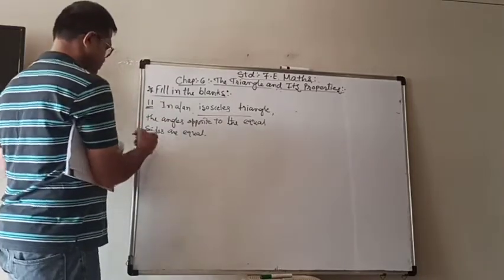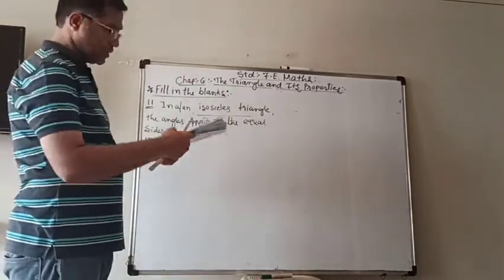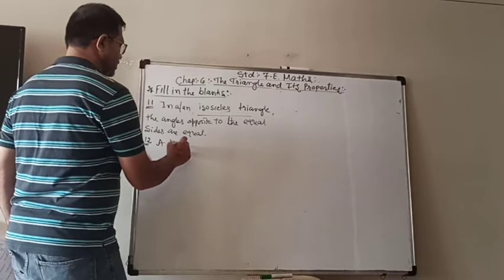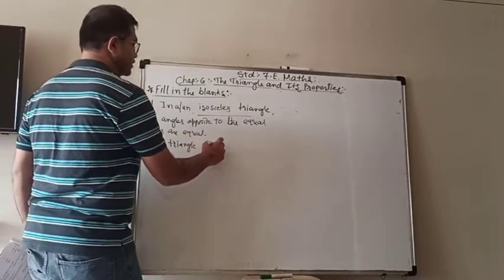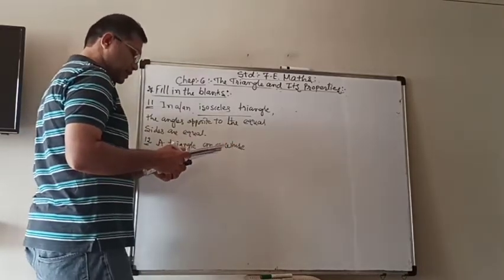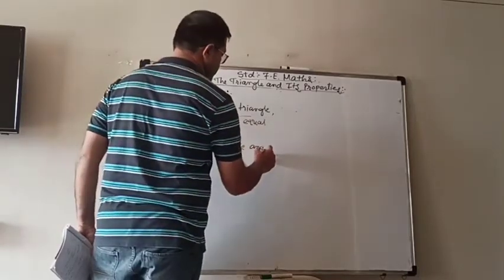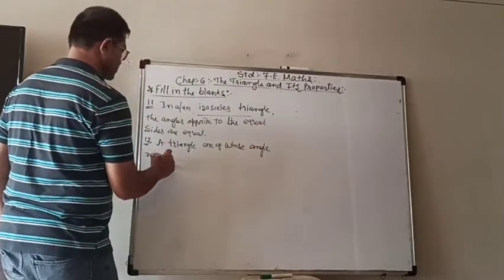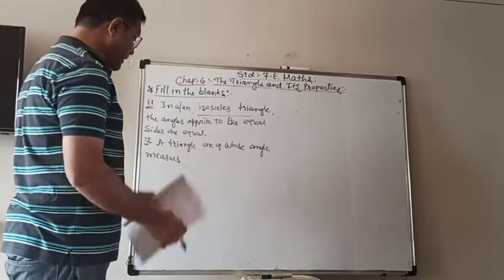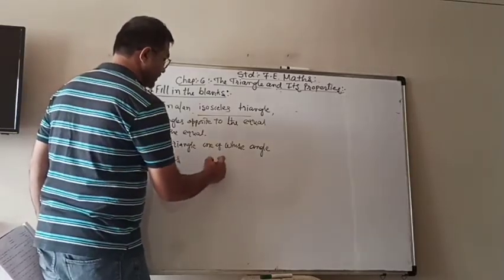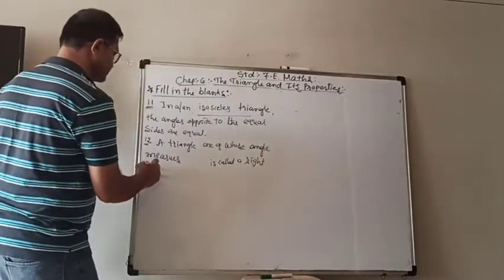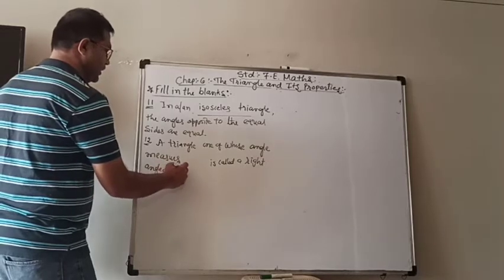12th blank. A triangle, one of whose angle measures blank, is called a right angled triangle.